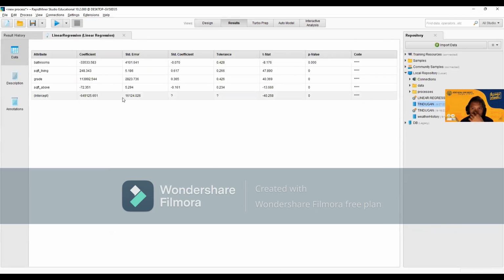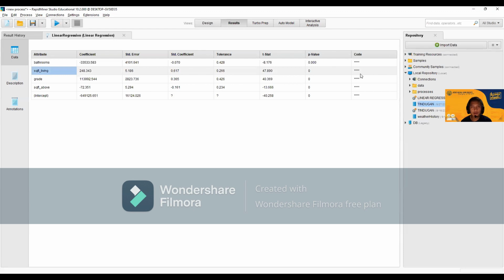So as you can see here in our table of linear regression, for the bathroom, according to our instruction, if there are four asterisks here, there is a good relationship with my independent variable, which is the price.